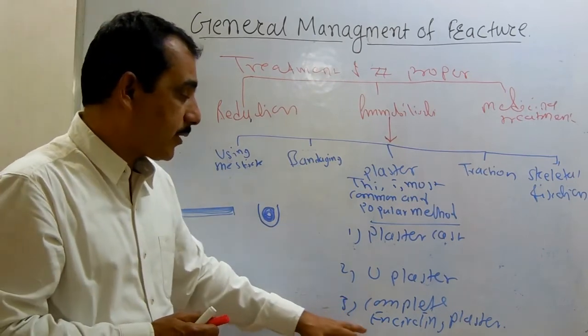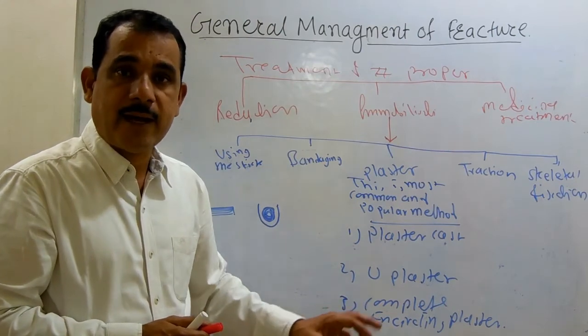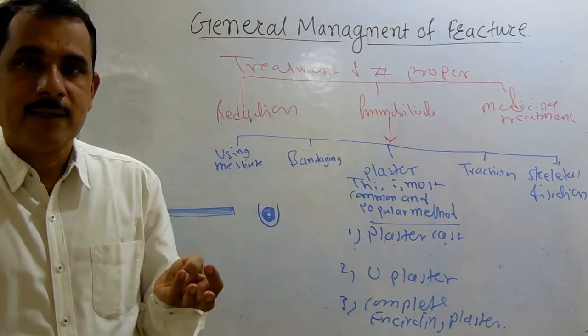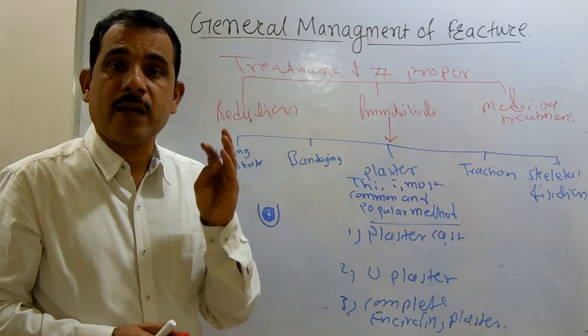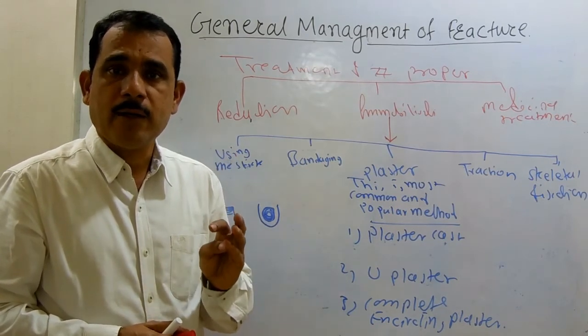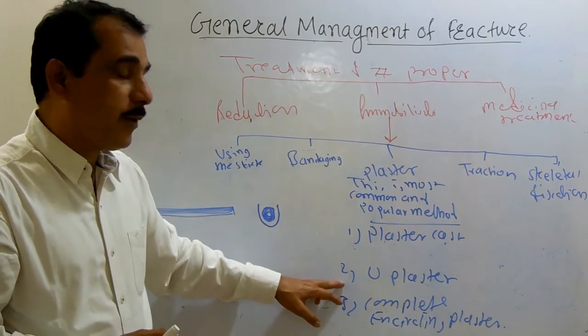That's why complete plastering is used most commonly. But its disadvantage is that it will cause atrophy after the removal of the plaster. Second, the biggest risk is the chances of compartment syndrome.